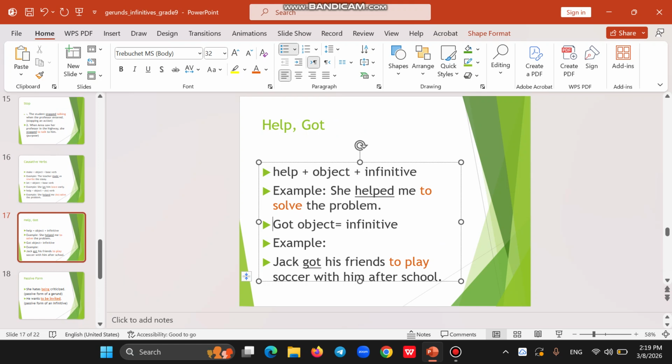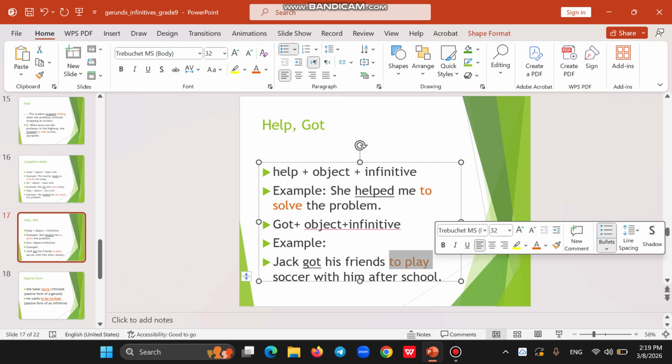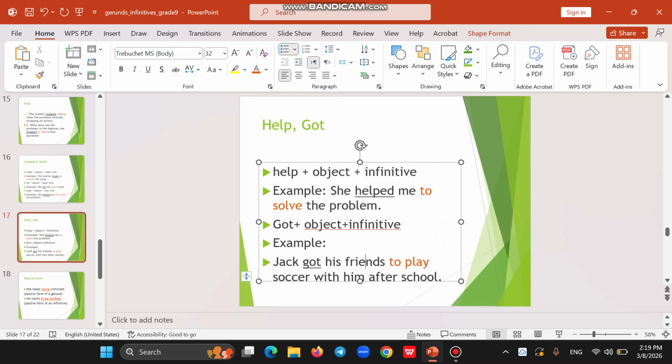Got, the verb got plus object plus infinitive. So here, we can use an infinitive with the verb got. Example, Jack got his friends to play soccer with him after school.